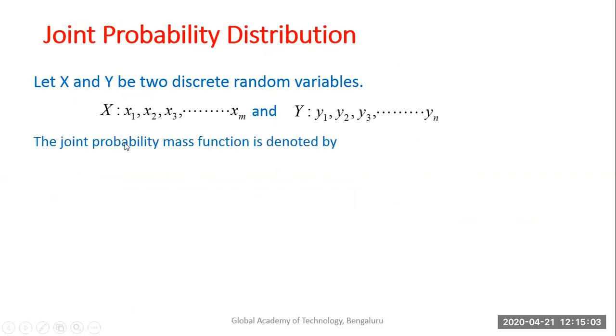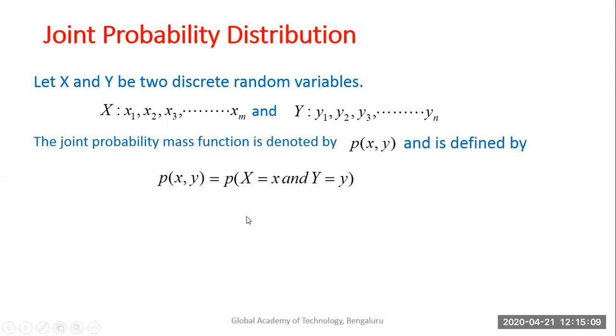Then the joint probability mass function is denoted by p of x y and is defined as p of x y equal to the probability that the random variable X takes the value small x and the random variable Y takes the value small y. The conditions are that P of x y is greater than or equal to 0, and the sum of all the values, the total probability, is always equal to 1.